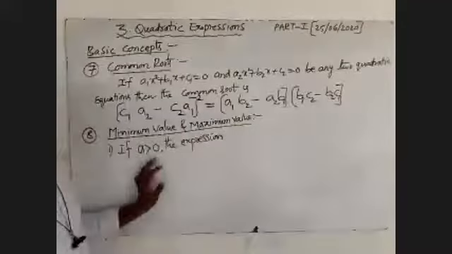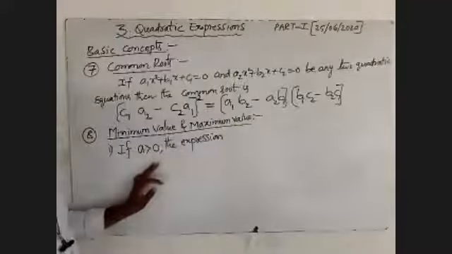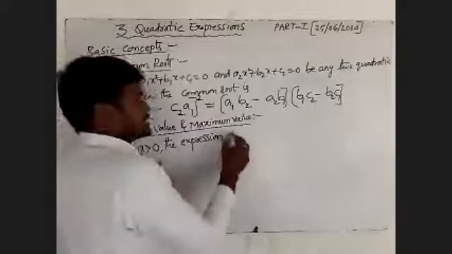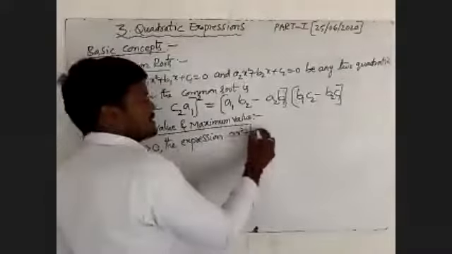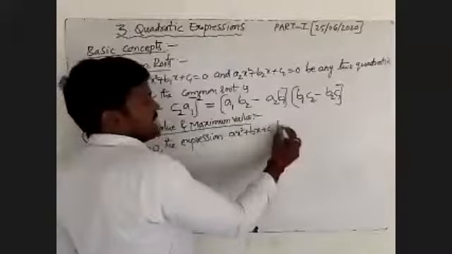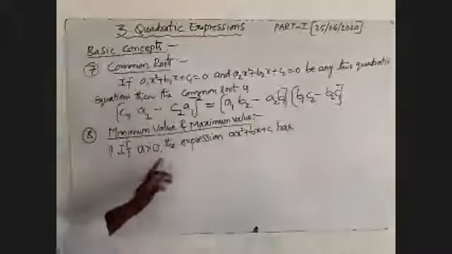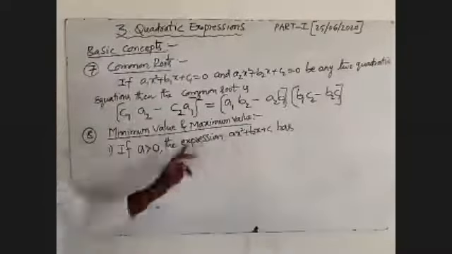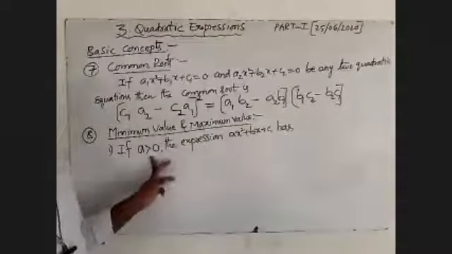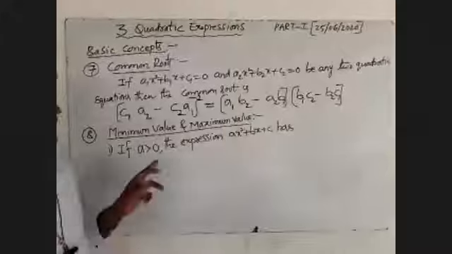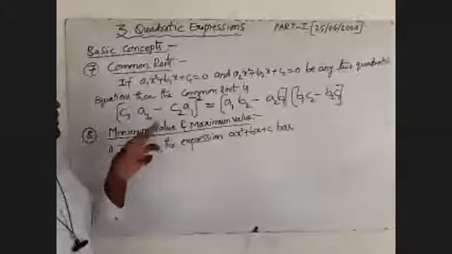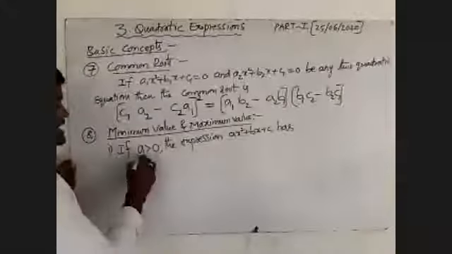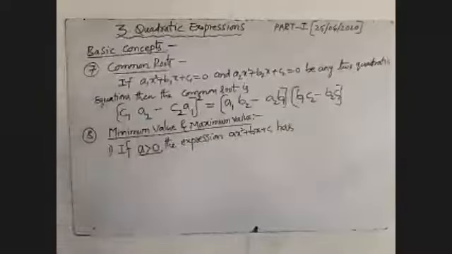If a greater than 0, the expression ax square plus bx plus c has a minimum, while less than 0 means a maximum. Given a greater than 0, I will take the minimum value.